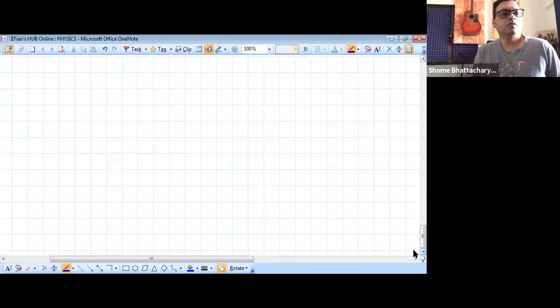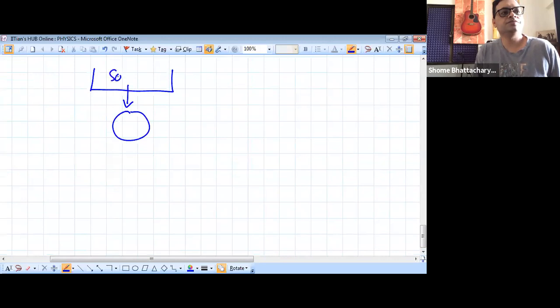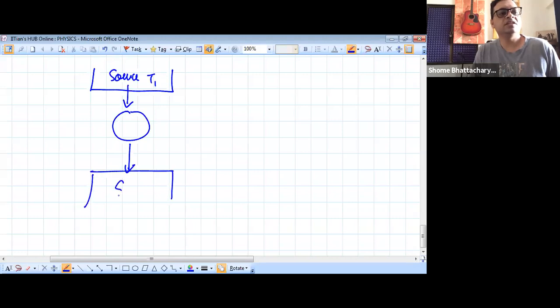Okay. So let's revisit the Carnot engine. The Carnot engine takes heat from a heat source at temperature T1, dumps heat into a heat sink at temperature T2, and does a certain amount of work.